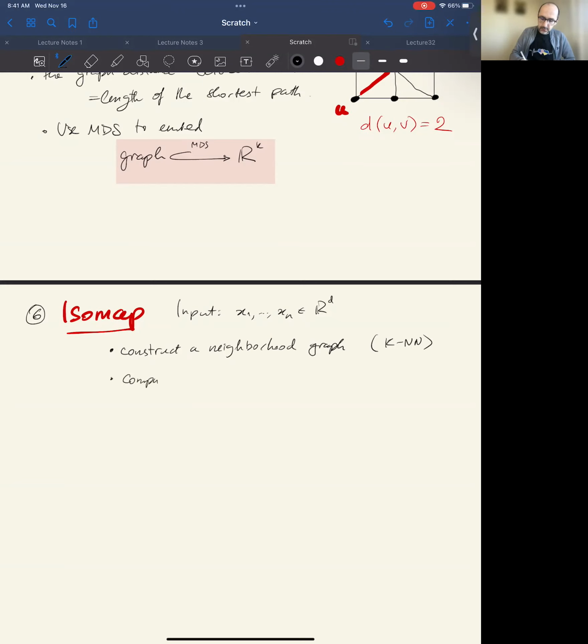Then we compute the graph distance between all the points x_i, x_j. It's a non-trivial task, by the way. You can do that. And then we apply the multidimensional scaling for this metric space, and the output will be the set of points.